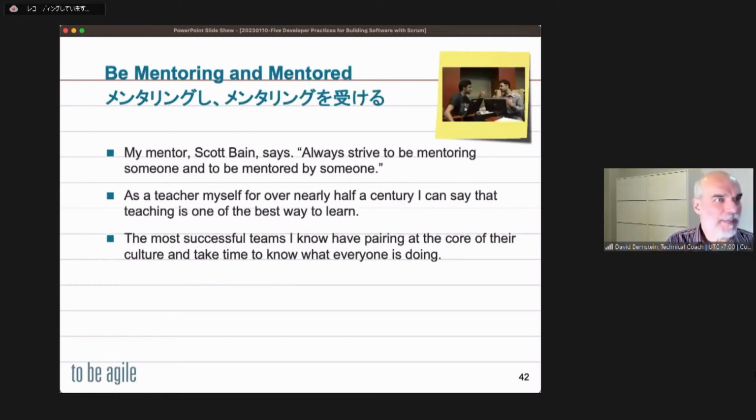So my mentor, Scott Bain, says, always strive to be mentoring someone and be mentored by someone. And I find that that's really good advice. I'm very fortunate in that I've gotten to work with and teach thousands of software developers through my career.